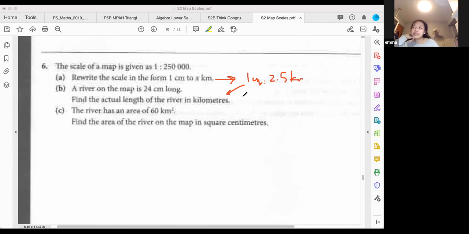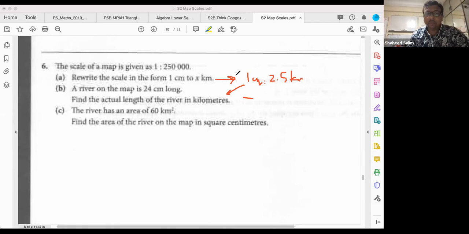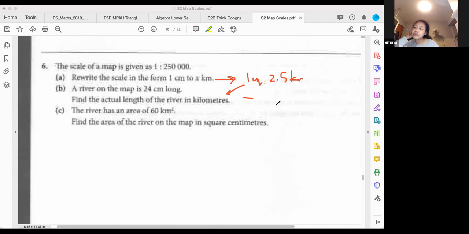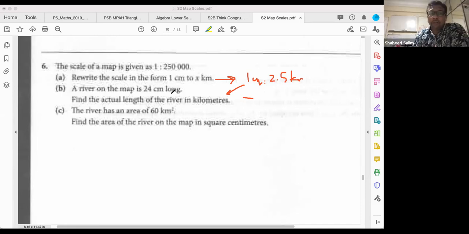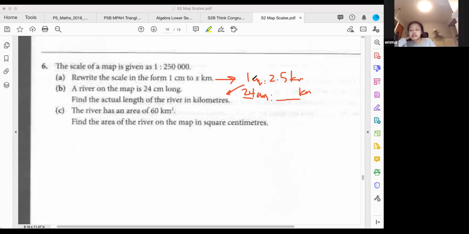I need the area scale for B. Huh? The previous scale from B. That's right. I need the area scale. Okay, but B have you done? No. They're asking you now, what is it in km? This one. B. Once, can you get? 60.